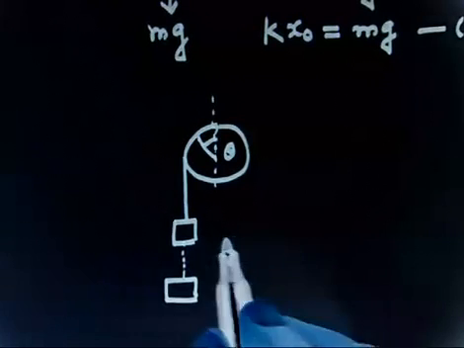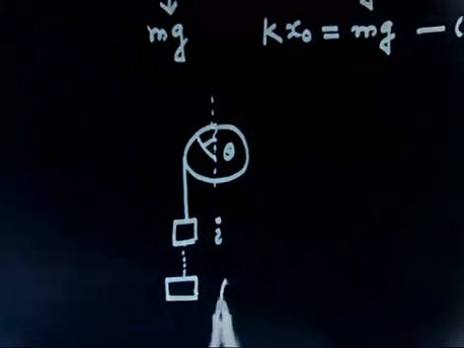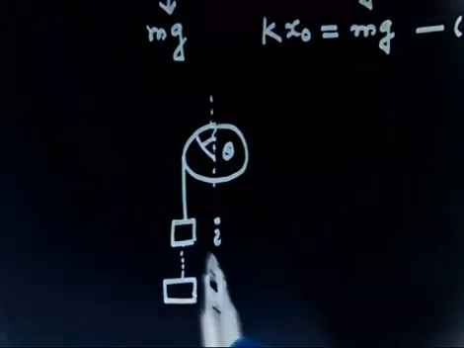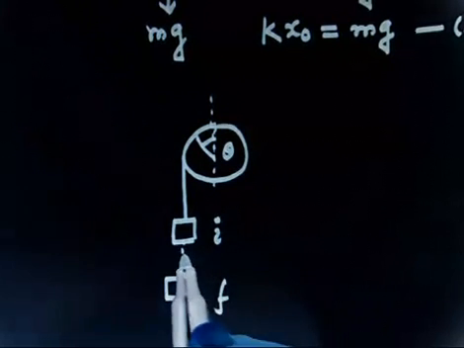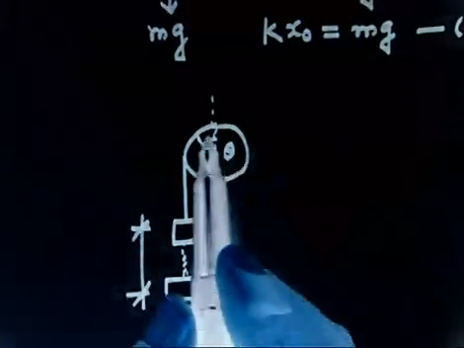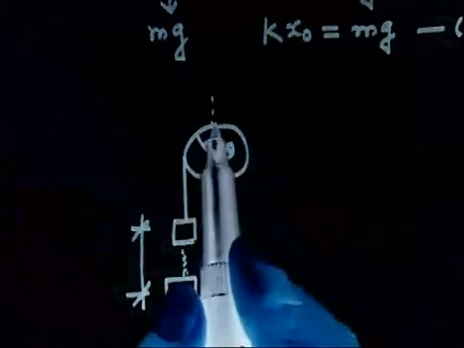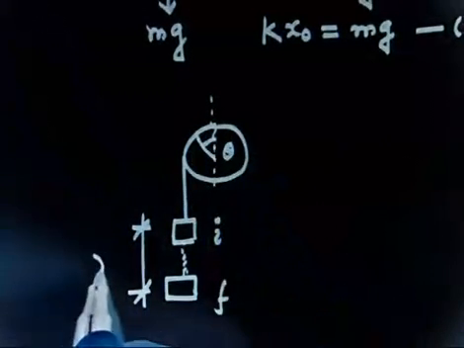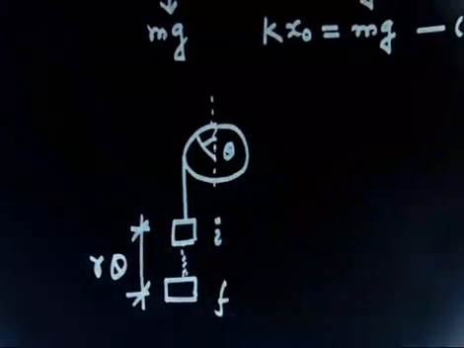So this is the initial situation of the block and this is the final situation of the block. It will fall by some distance, and since the rotation is theta, this will fall by r into theta distance.